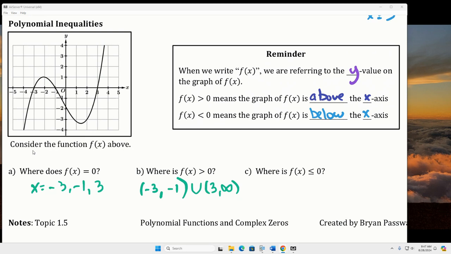For C, we want to give the intervals where f is less than or equal to 0. So you guys try to do that one on your own, please.